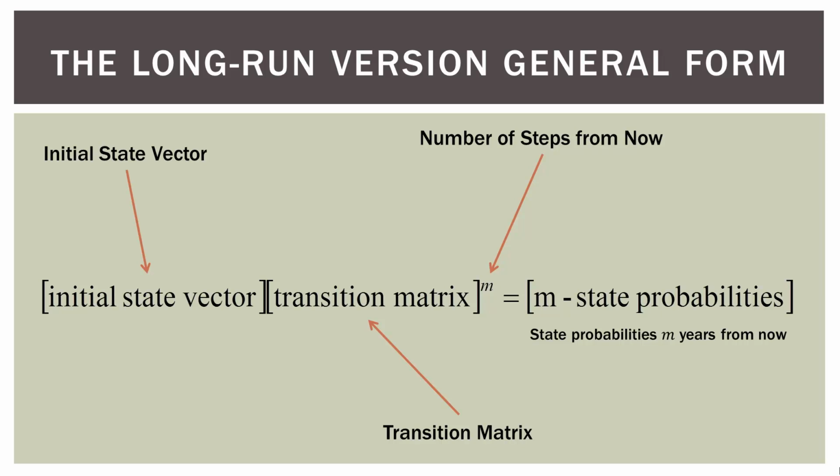So again, this is just a general form. And our answer will be the probability of being in each state m years from now. So if we're interested in the probabilities 5 years from now, our exponent above the transition matrix would be 5. And that would give us our 5 years from now probability.